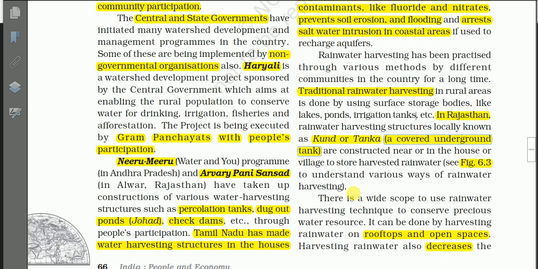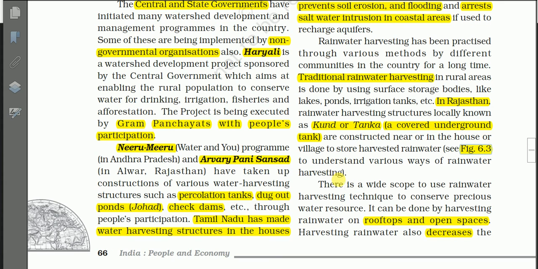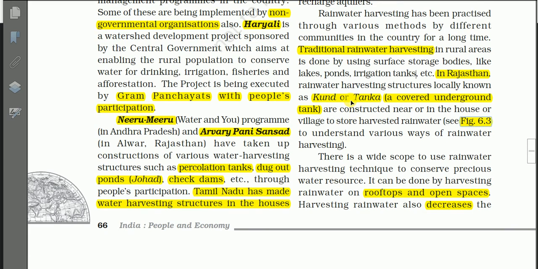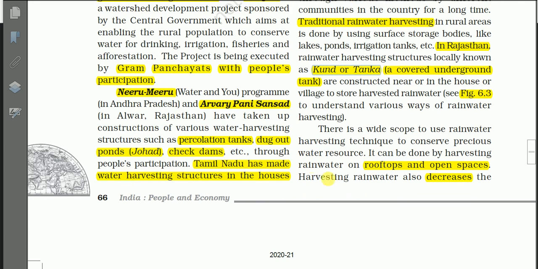And figure number 6.3 shows the different methods of rainwater harvesting. So this construction of tanka is a technique of rainwater harvesting. We call it rooftop rainwater harvesting. It can be done in the open spaces also.